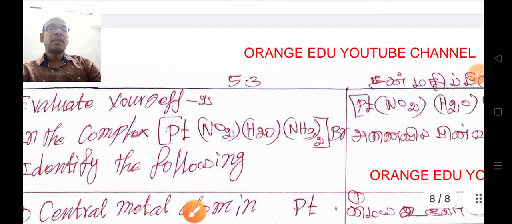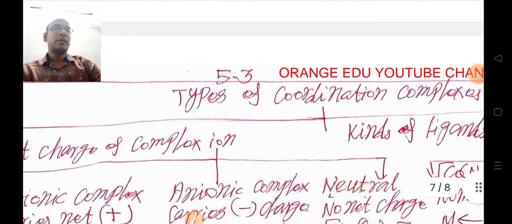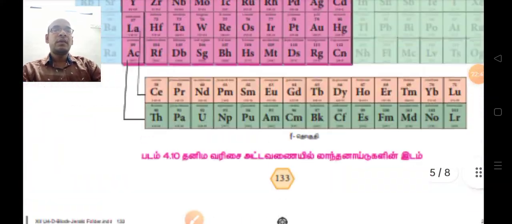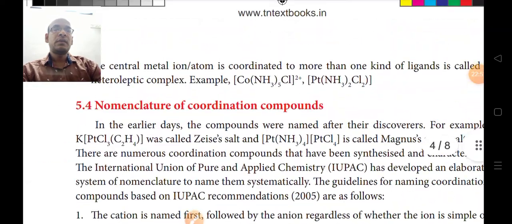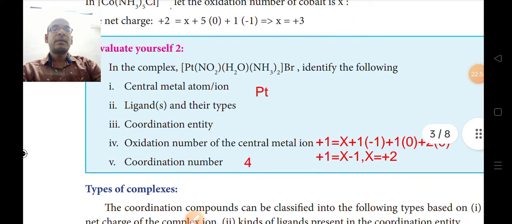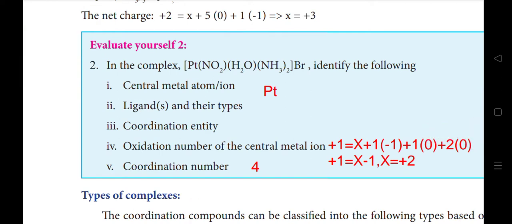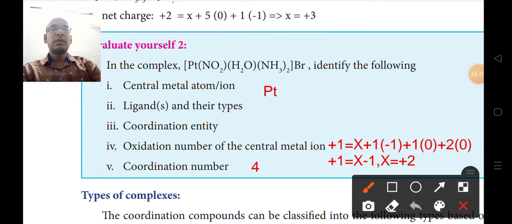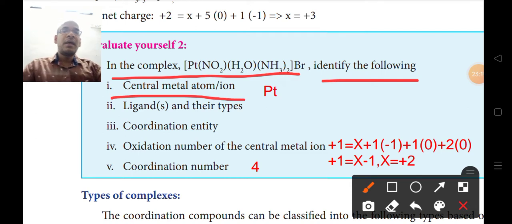Now go to the self-evaluate section question. In this complex ion, identify the following. First question, central metal ion or atom.